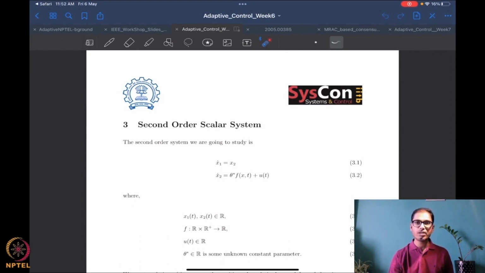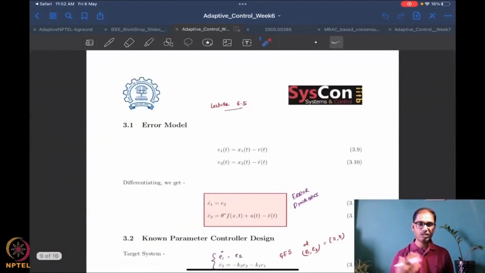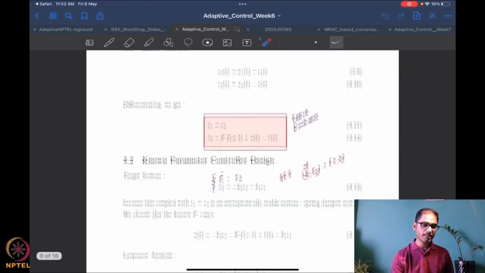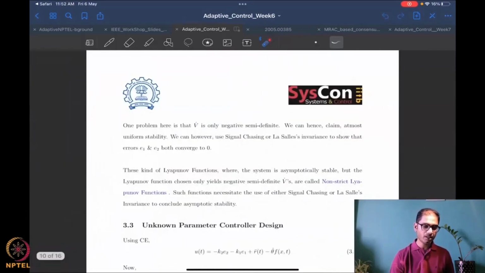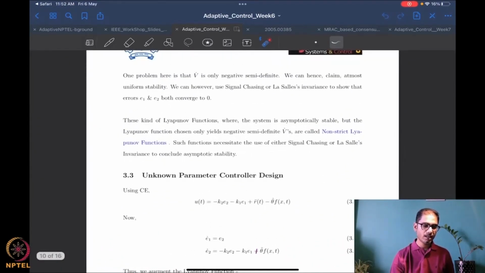Further, we started to look at the second order system, and when we used a very standard or basic choice of Lyapunov candidate function, as you would, we realized that we end up with a detectability obstacle. All right, so this is because of the fact that we chose a non-strict Lyapunov function.